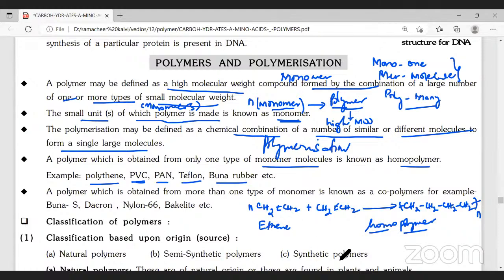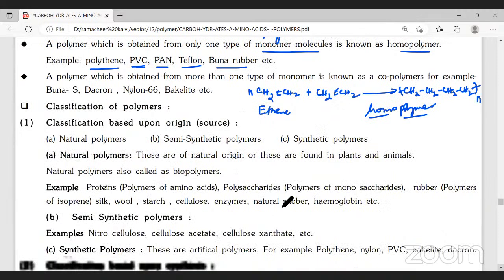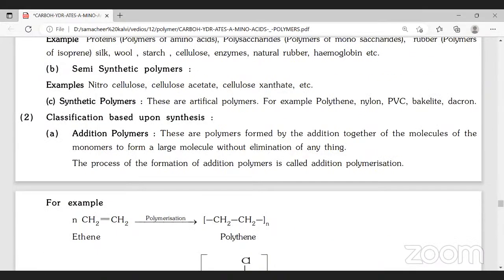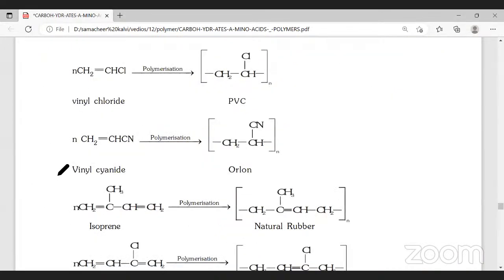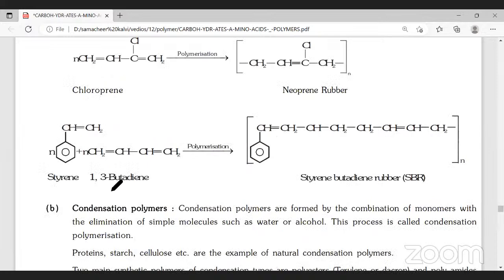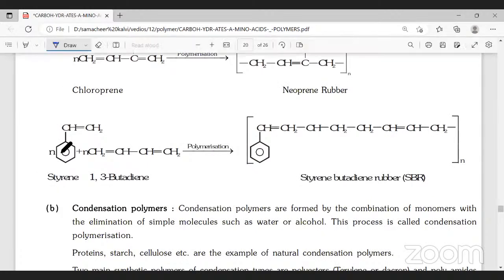Now, the next one, if we have different types of monomeric units. For example, we have styrene, and we have 1,3-butadiene. Styrene is one monomeric unit. 1,3-butadiene is called another monomeric unit.